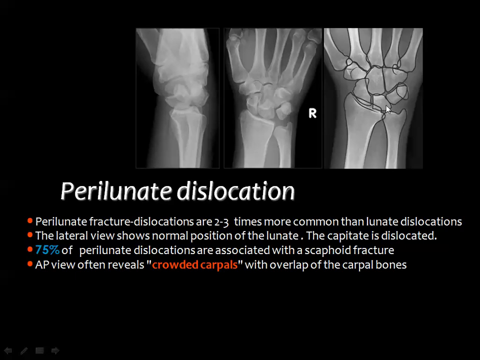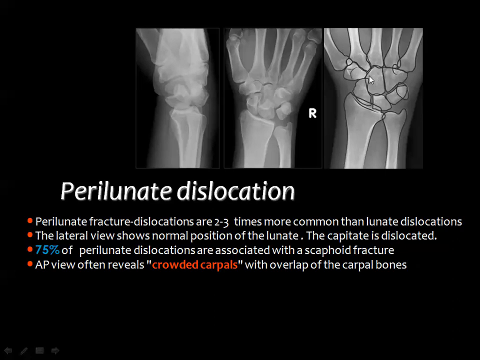You see here, this is the lunate bone, and radially you can see the scaphoid, and on the medial aspect you can see the triquetrum, and anteriorly you see the capitate. Then the perilunate dislocation will involve these bones, the scaphoid, the triquetrum, and the capitate. 75% of these dislocations will be associated with scaphoid fracture.